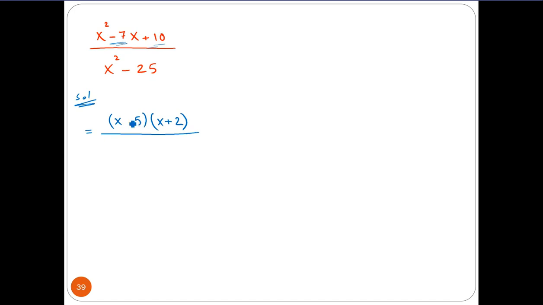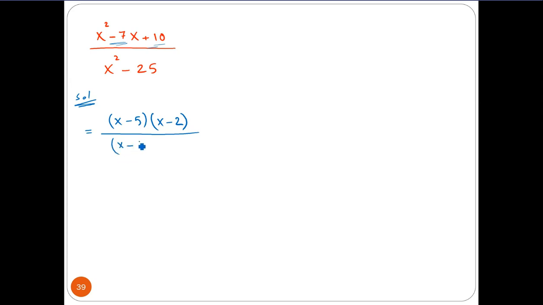Okay, x minus 5, x minus 2, and the denominator, المقام كيف نحلله؟ x squared minus 25. How can we find the factoring of the denominator?